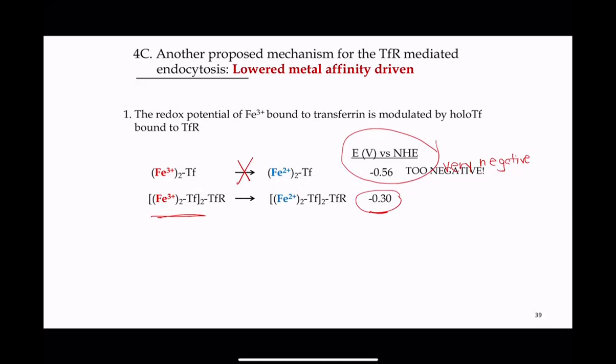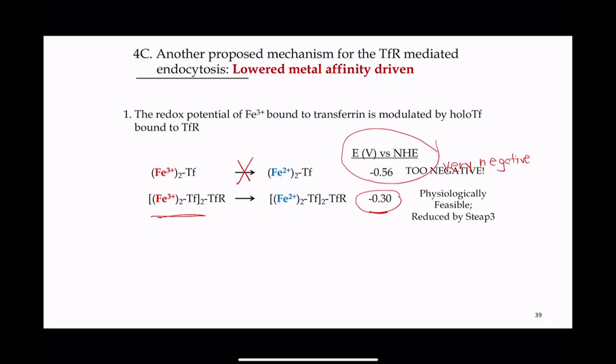There are actually reducing agents that can facilitate this process. So this was rationalized as a possibility that maybe when the transferrin is coupled to the receptor at the pH of 5.5, maybe that's enough for the iron to get reduced to iron 2+, and maybe that reduction event is enough for the iron to be released from the protein.